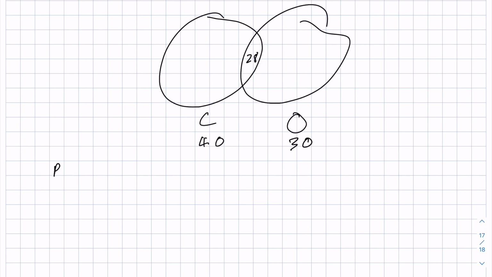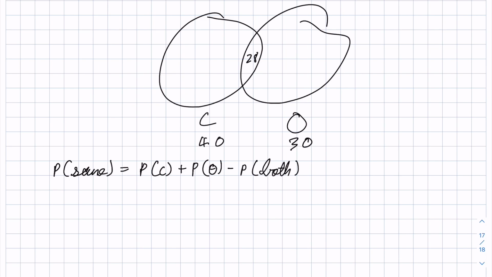So the probability of sane customers is equal to probability of coffee plus probability of orange juice minus the probability of both.